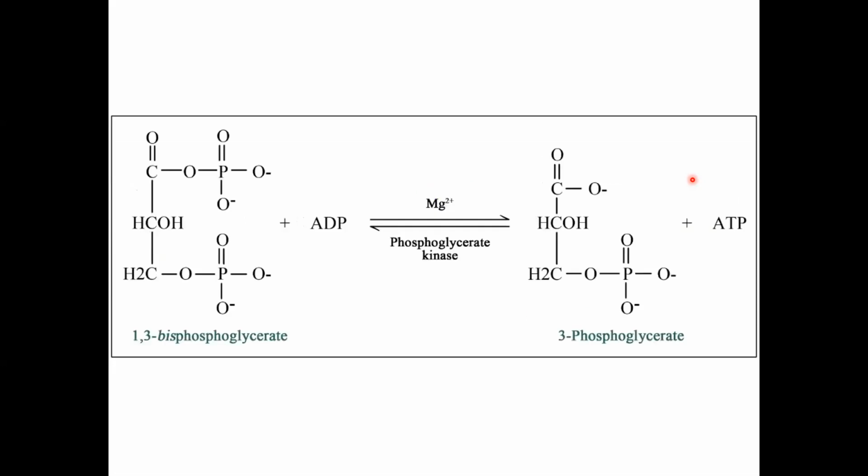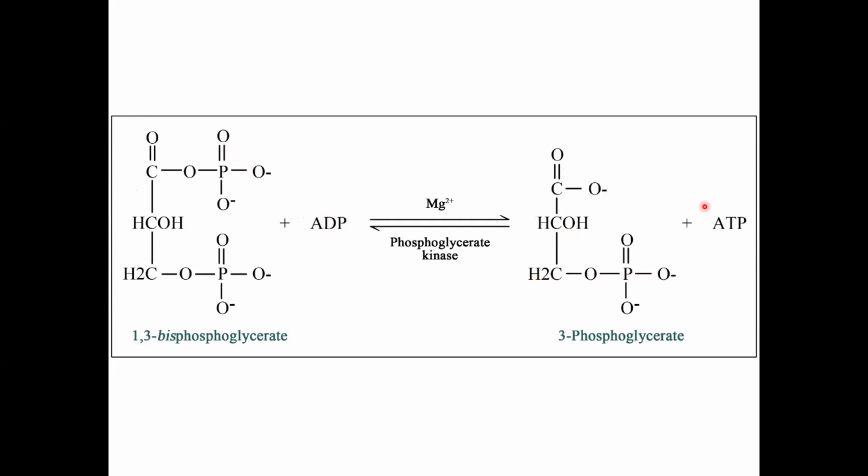So now we're on to step 7. This is our first production of ATP. This is going to happen by the transfer of the phosphate group on the 1,3-bisphosphoglycerate to ADP. So we're going to transfer this phosphate group from this substrate to ADP. We're going to be left with 3-phosphoglycerate and ATP.